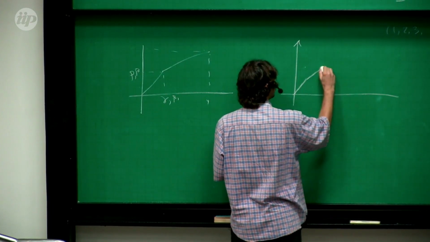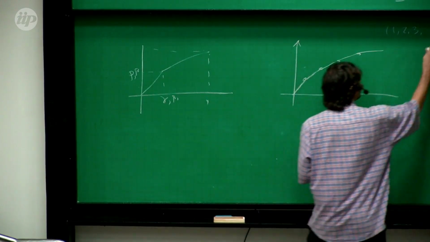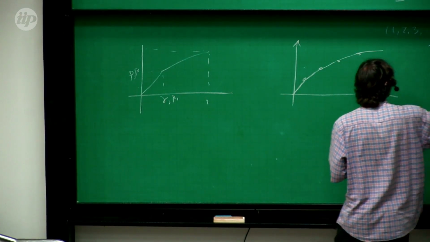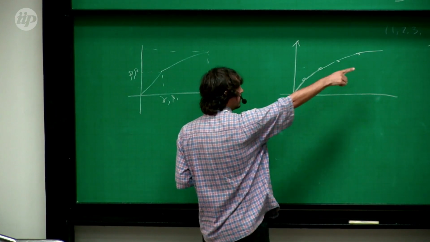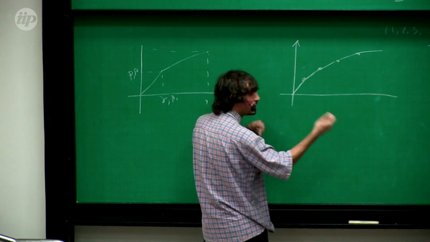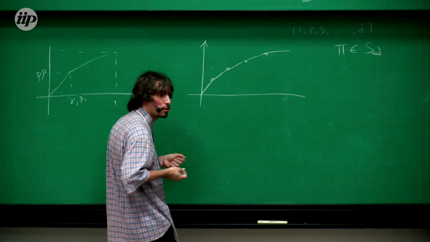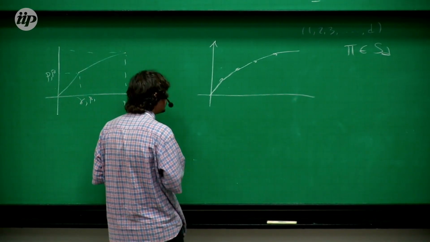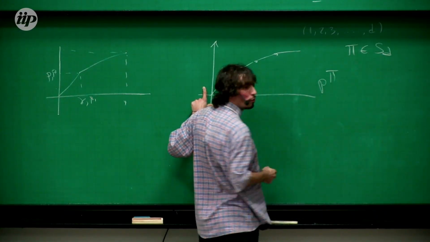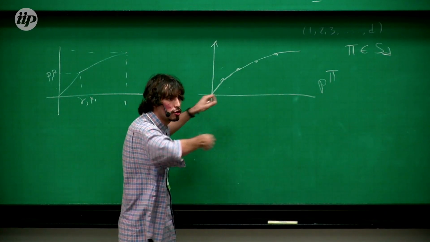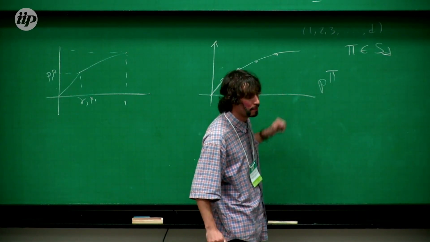So the thermal majorization curve will be something like this. And now for each permutation in S_d, which defines a beta ordering, I try to fit the thermal majorization curve of this associated state in an optimal way, just like in the case of the qubit. And when we do this, we will have those extreme points, like those p pi for each pi.